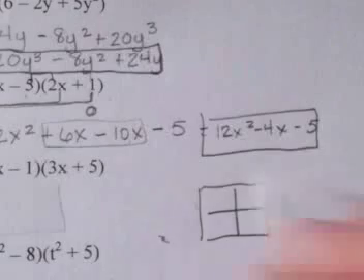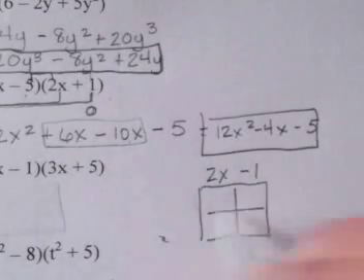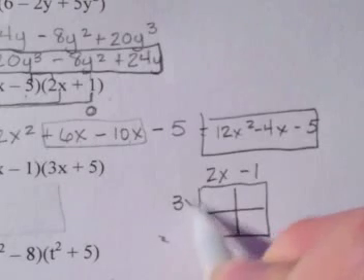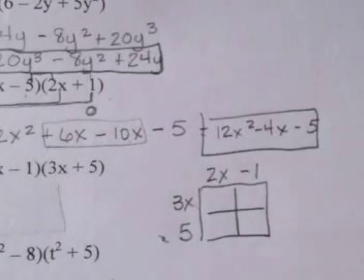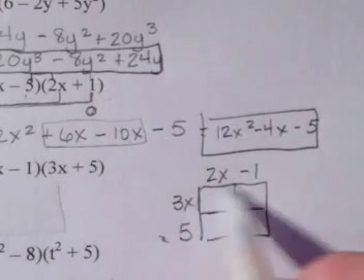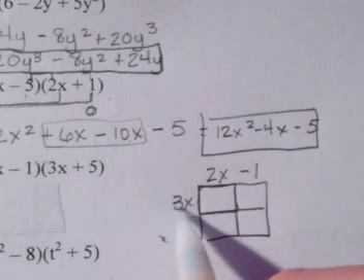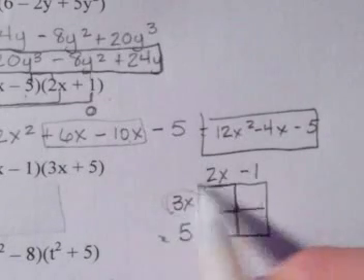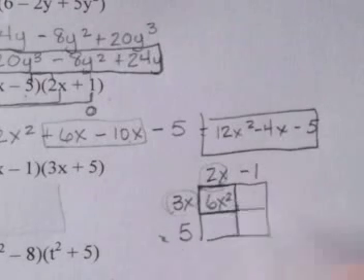When I use the box method, I write my first binomial on the top and my second binomial along the side. And notice it's kind of an area type concept, length times width in a certain way. I'm multiplying what's here by what's here to get 6x squared.